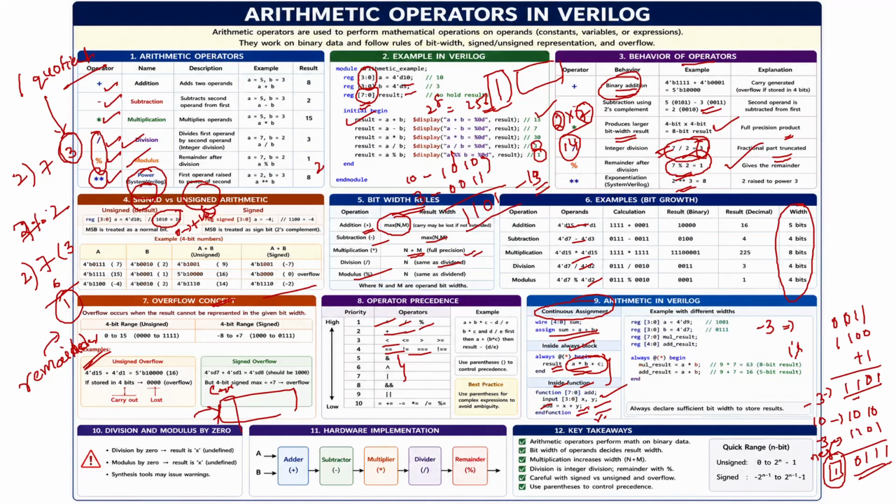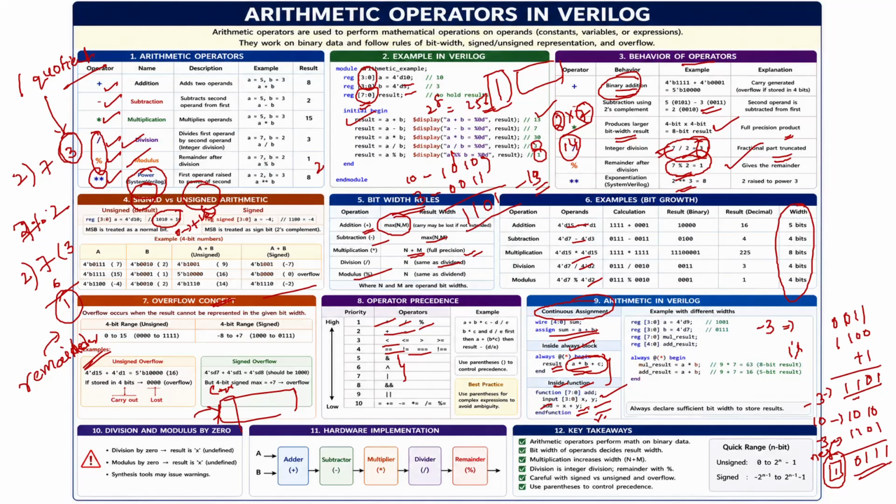A task never returns any value, a function only returns that one value. A function doesn't allow any delays, a task can allow delays. A function executes in zero time delay, a task cannot execute in zero time, so it will have some delays. That is the basic difference between function and task.